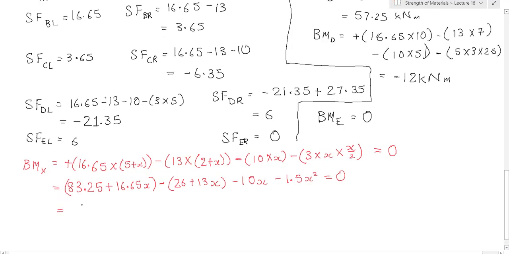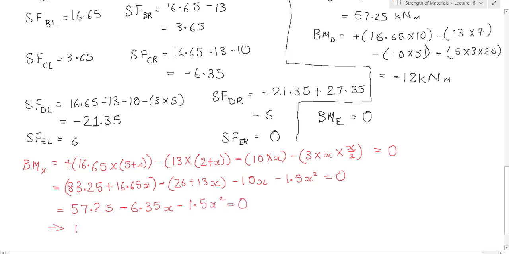First of all, I will just simplify it a bit. 83.25 minus 26 is coming out to be 57.25, plus 16.65x minus 13x minus 10x. It is minus 6.35x and minus 1.5 x square is equal to 0, right?